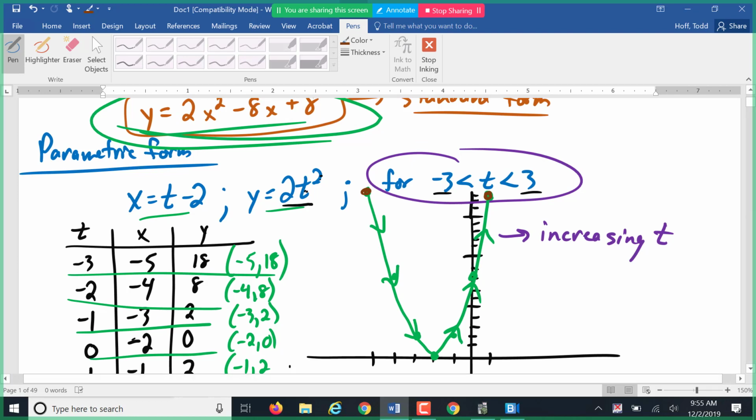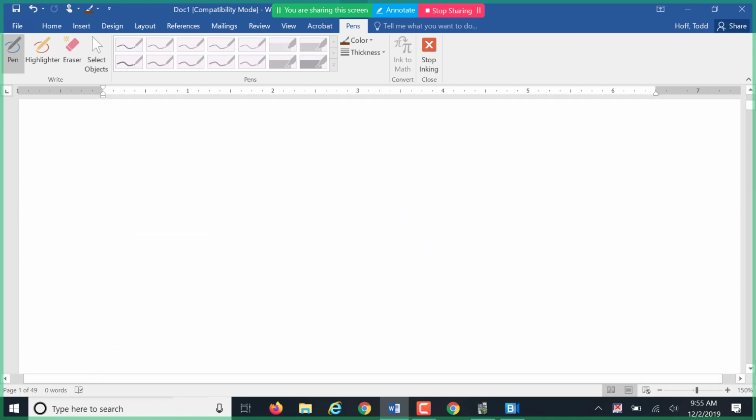Well, let's look at some other examples of parametric equations. One is a little more interesting. X equals the square root of t, y equals 1/2 t minus 2.